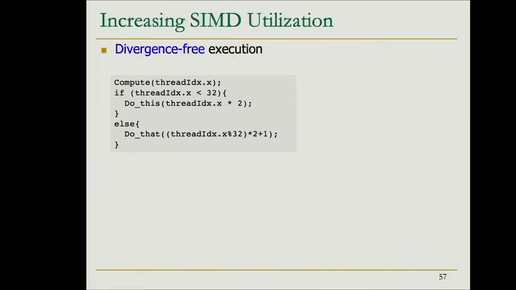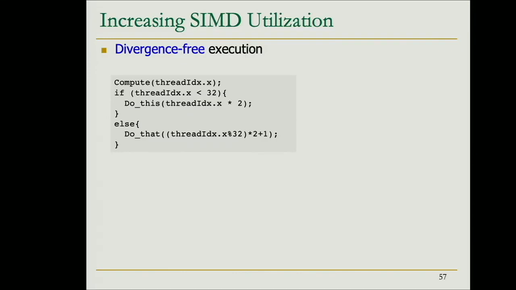Okay, so this is a possibility: divergence-free execution. I change the mapping of threads to the data. Instead of having even threads doing this and odd threads doing that, consider that we have more than one warp, let's say 64 threads.